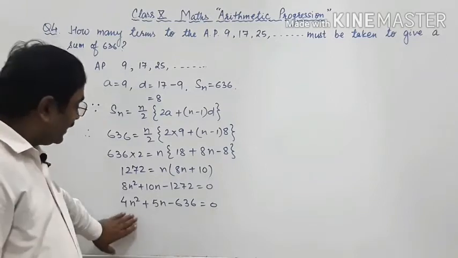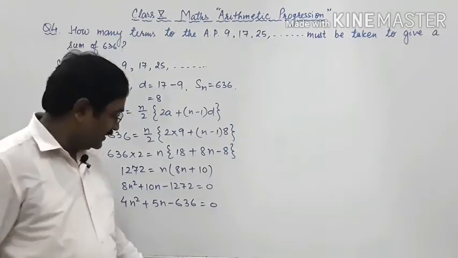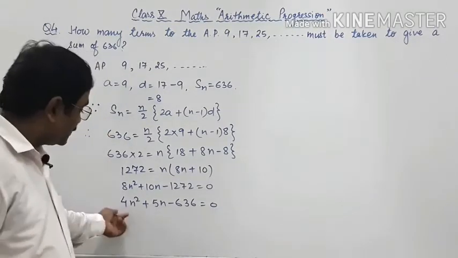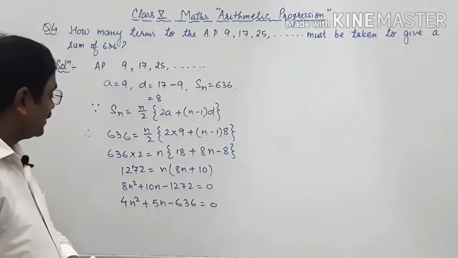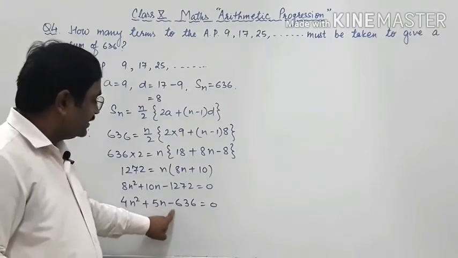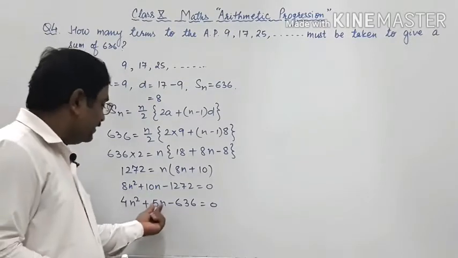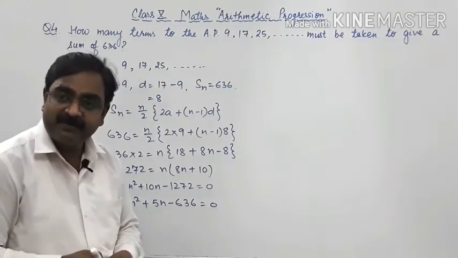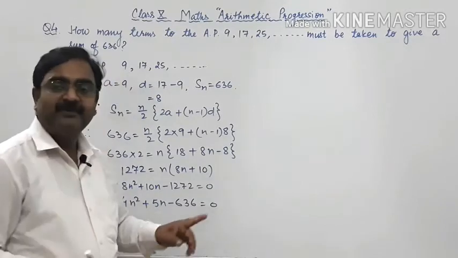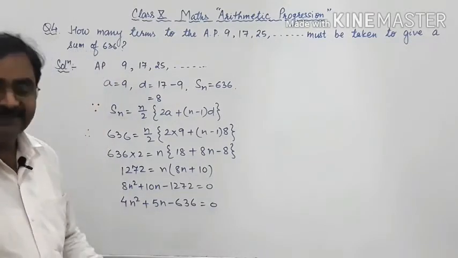Now how to factorize? As we have discussed, this 4n square plus 5n minus 636 equals 0, by splitting the middle term, whose middle term is 5n.